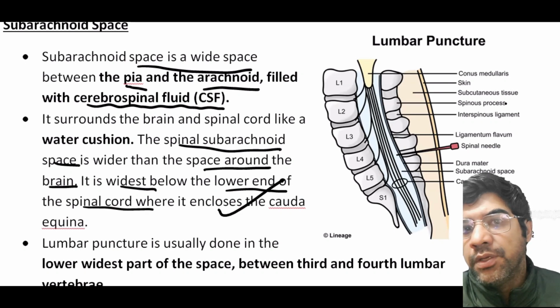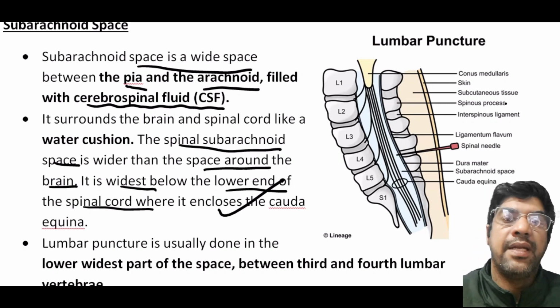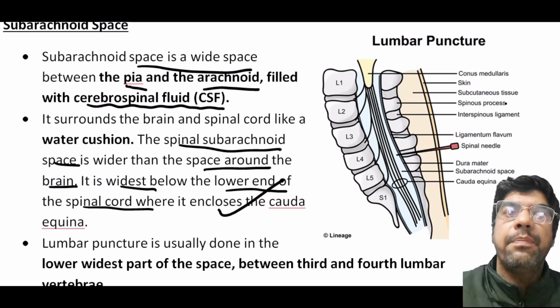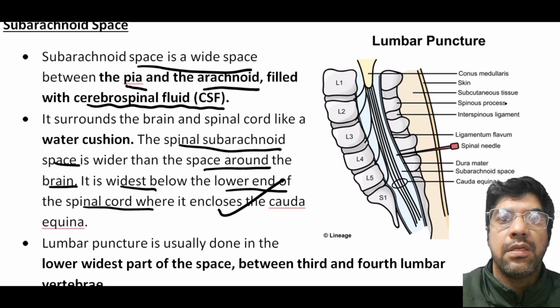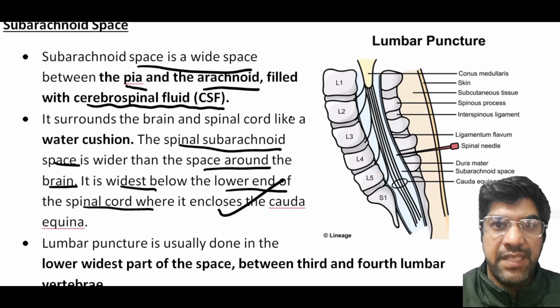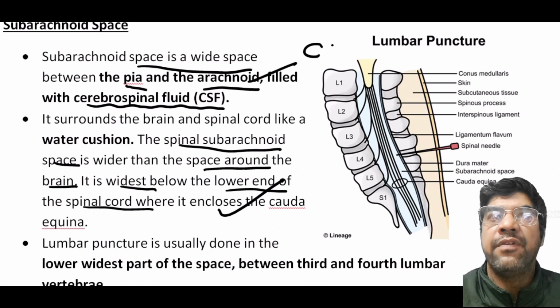Now you have to remember for your exam point, that is the lumbar puncture. Lumbar puncture, remember, is a medical procedure performed to obtain a sample of cerebrospinal fluid.